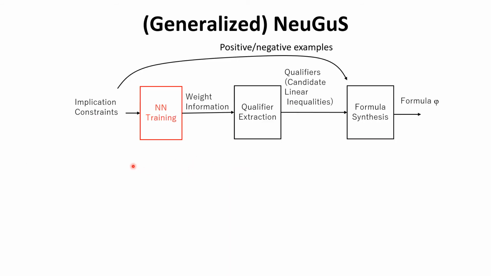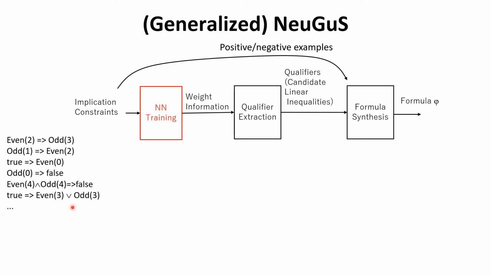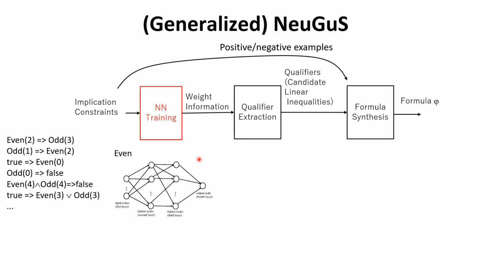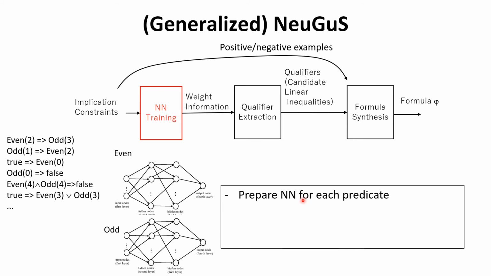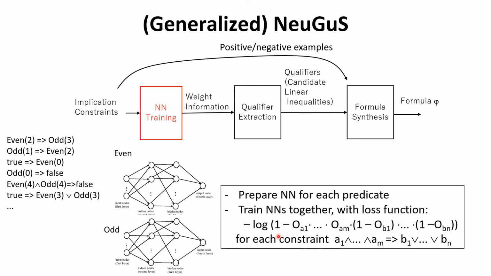So to that end, we extend our NeuGus method. Given the learning data, as before, we prepare a neural network and train it. But since we now have multiple unknown predicates, we prepare a neural network for each predicate and train them together with this kind of loss function.